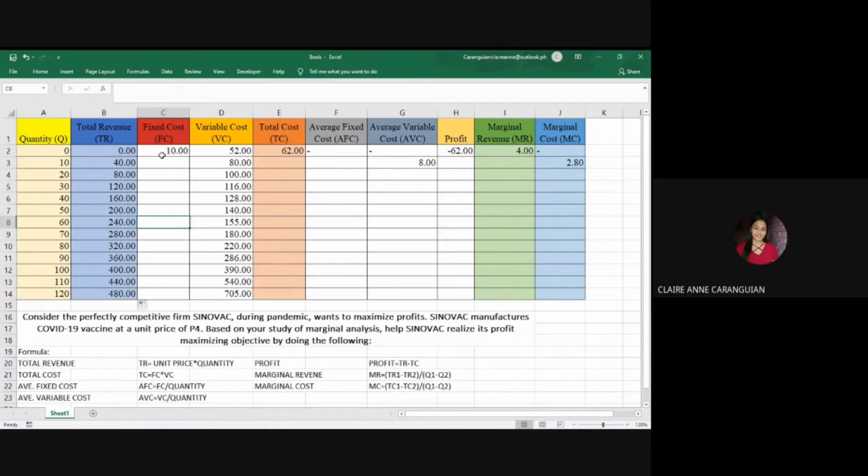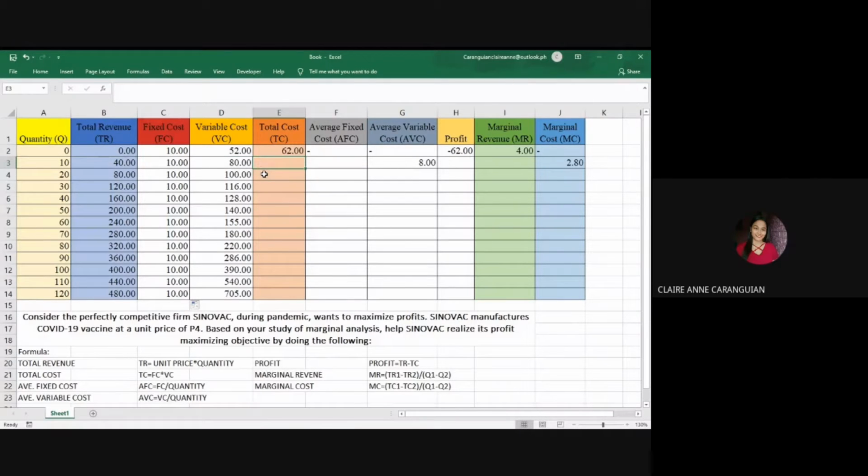So fixed cost. When we say fixed cost, these are the costs that do not change no matter or regardless of the quantity. So we just bend it down because it is fixed cost. So we assume that every time we produce a quantity of Sinovac, we have a fixed cost of 10 pesos. And the variable cost is already given because variable costs are the costs that change dependent on the quantity.